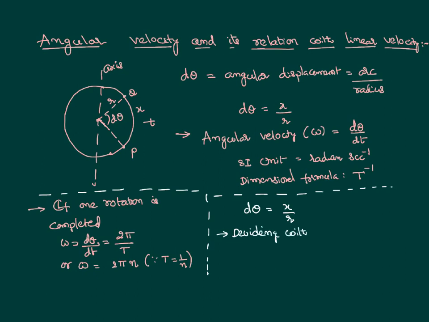Dividing with time dt, what will it give? D theta by dt is x by t and 1 by r. It is clear from this that d theta by dt is nothing but angular velocity.